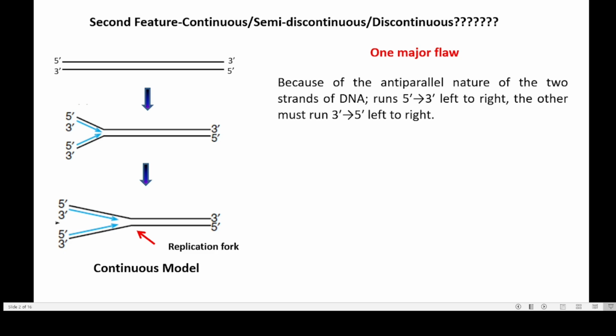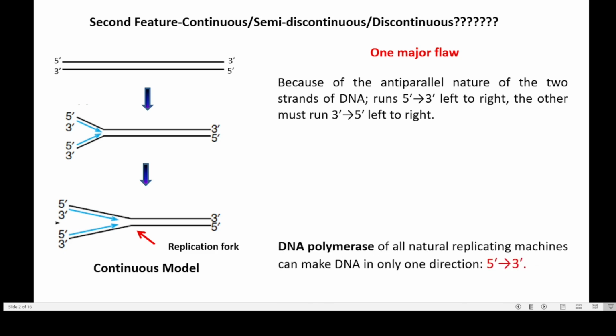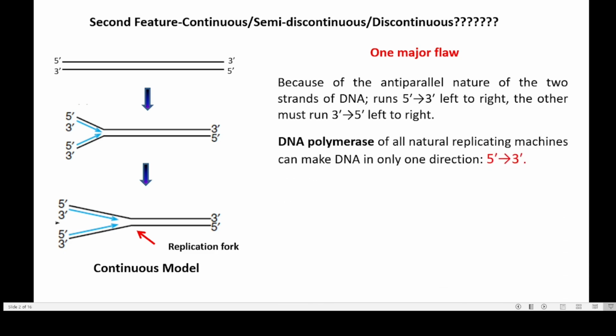But the enzyme which synthesizes DNA, the DNA polymerase of all natural replicating machines, can make DNA in only one direction, and that is 5' to 3'. That is, it inserts the 5' most nucleotide first and extends the chain towards the 3' end by adding nucleotides to the 3' end of the growing chain.